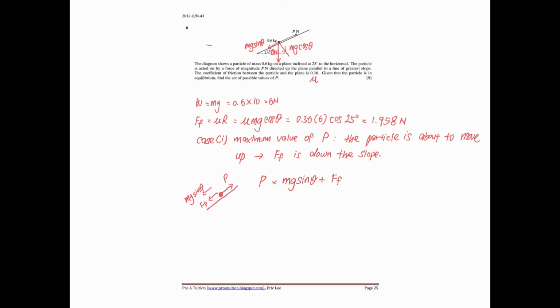So we substitute values. The mg is 6, the theta is 25, the frictional force is 1.958. So we get 4.49. This is the maximum value of P.